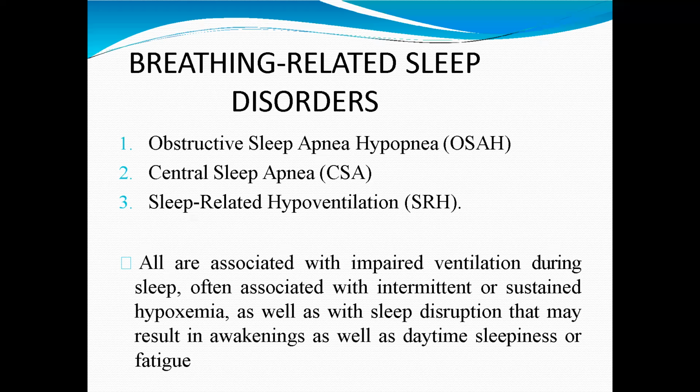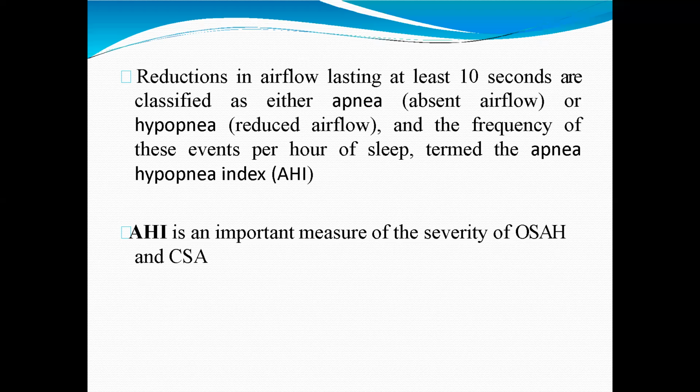OSAH is obstructive sleep apnea hypopnea, and CSA is central sleep apnea. So this AHI index is one of the important standard measures to know the intensity of the sleep disorder.